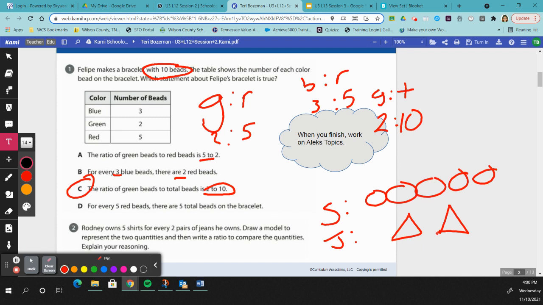That's a model. And then write a ratio to compare the 2 quantities. Explain your reasoning. Don't worry so much about the explain your reasoning, but do know how to write the ratio. So shirts to jeans would be 5:2. So this is how we would complete our star problems.